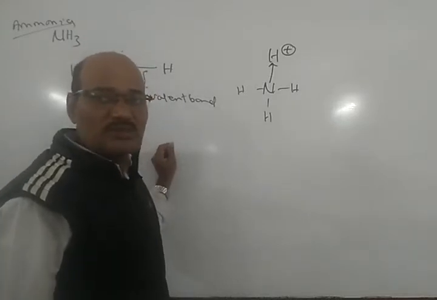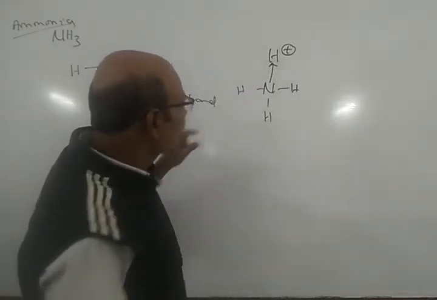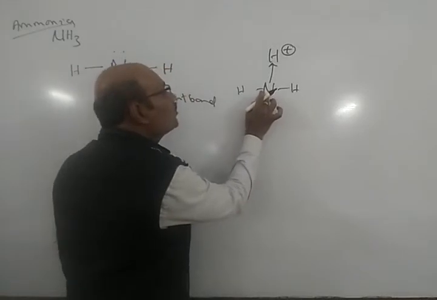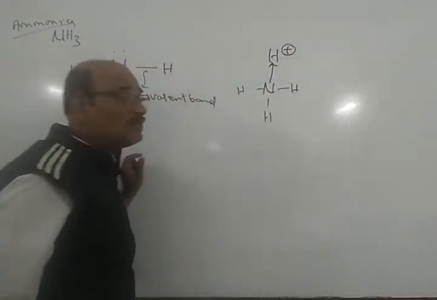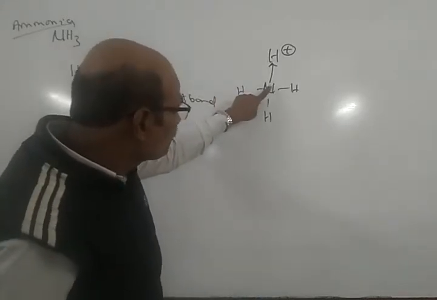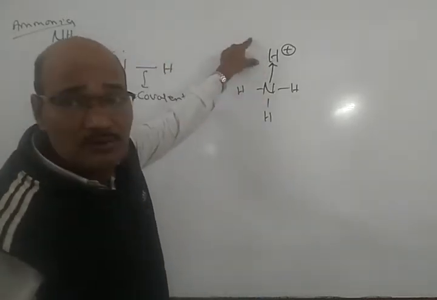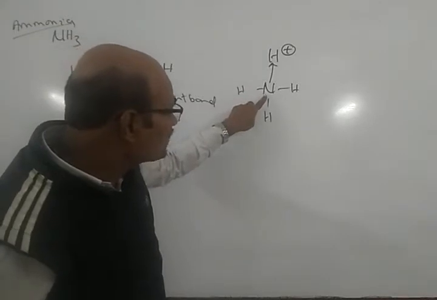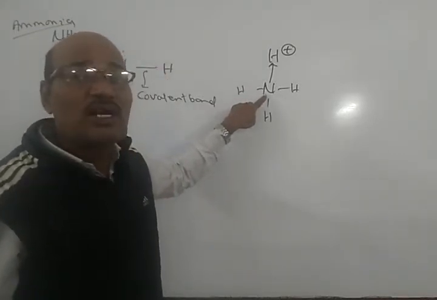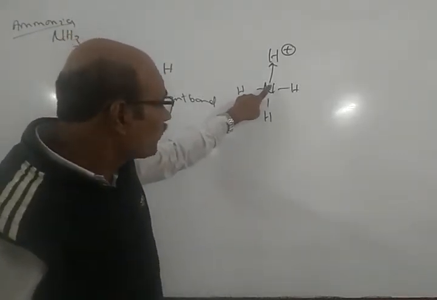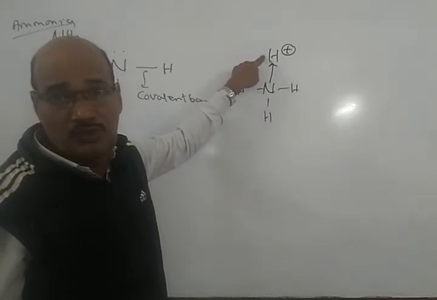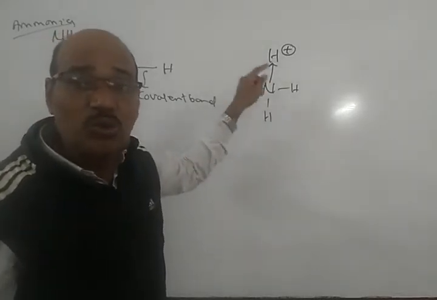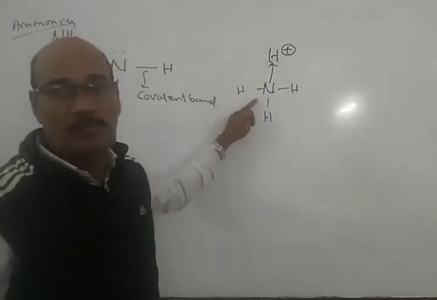So, actually what happens, this nitrogen atom is not donating the electron pair completely to the H plus ion, because if it donated the electron pair completely, then it would have the deficiency of electrons again. So, what happens actually, this electron pair which was there earlier gets shared between N and H plus, but the contribution is only from one atom.